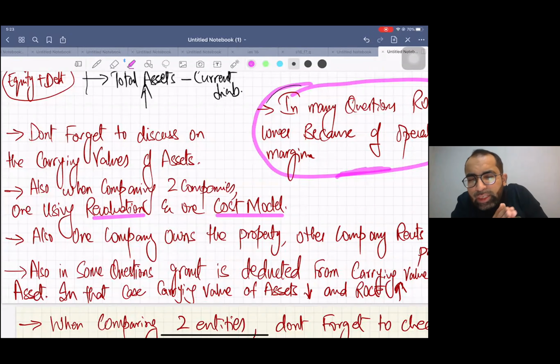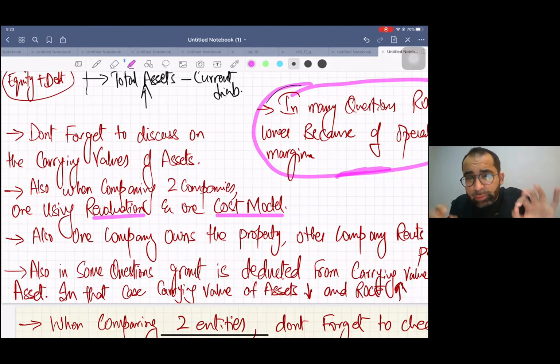The company using the revaluation model will have higher asset values, so automatically their capital employed will also be higher, so they will have lower ROCE. And that's not the mistake of the manager. That's the issue of accounting policy, right?